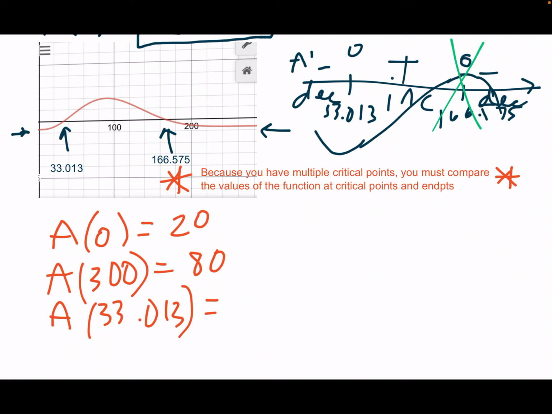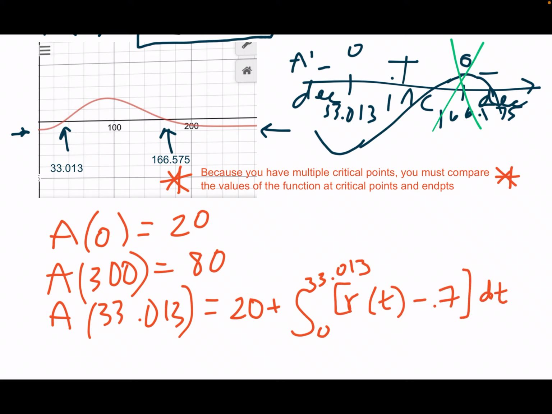My A of 33.013 is going to be my initial amount plus my integral from my net change in amount, so my integral from 0 to 33.013 of rate in minus rate out. Again, I'm choosing to put it all inside the integral there, and I'm going to evaluate this integral using my calculator, and I'm going to get 3.083.